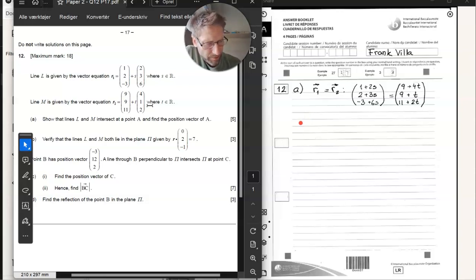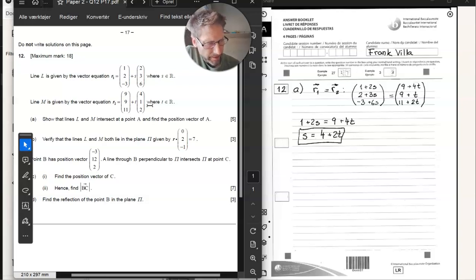So we just take the first equation. 1 plus 2s equals 9 plus 4t, and I'll isolate s by subtracting 1 and dividing by 2. Then I get s is equal to, so first I get 8 and I divide by 2, I get 4, and 4t divided by 2 is 2t. So that's the value of s.